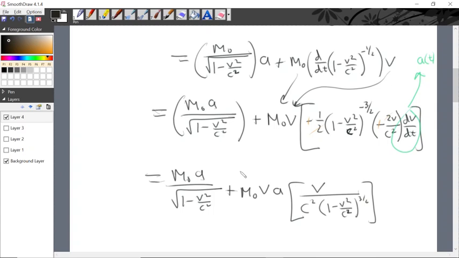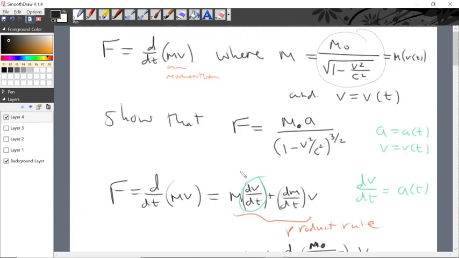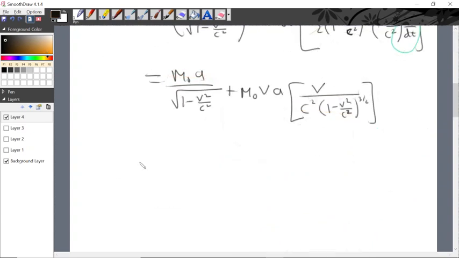So I've got this. Now I want to be able to show that this simplifies to this right here. So we have m naught times a, and then this is the quantity 1 minus v squared over c squared to the 1/2.